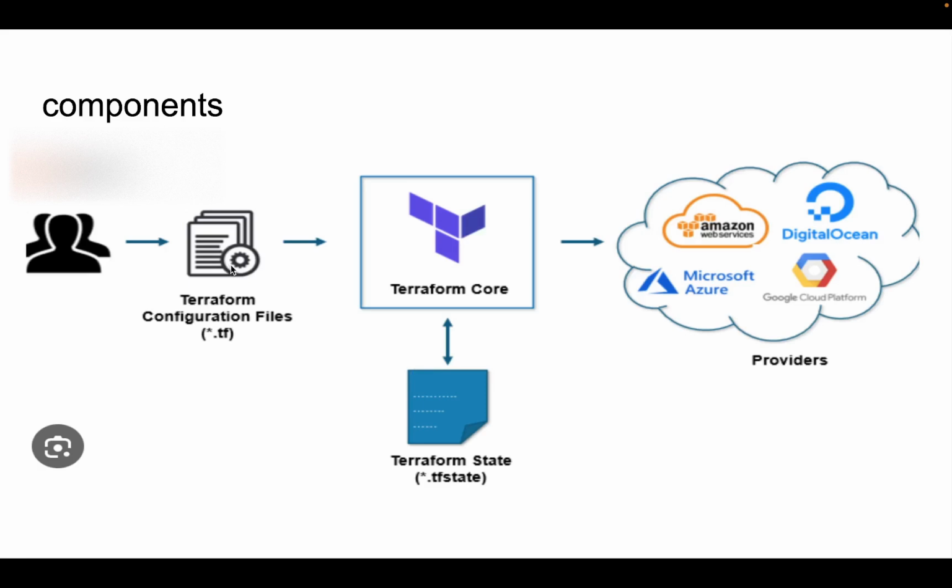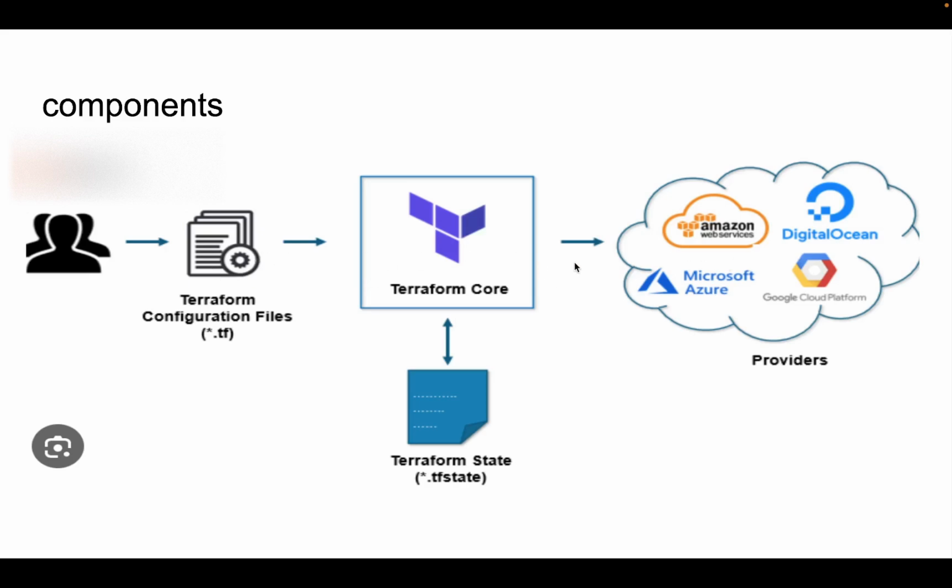Terraform will tell you the execution plan, what you are going to do. Then you can go forth and apply your changes, update, or, let's say, destroy if you want to destroy it. This is the concept, the flow that Terraform goes through.